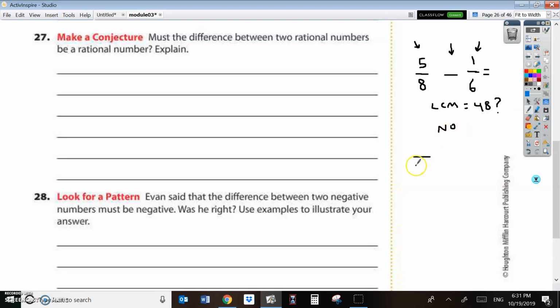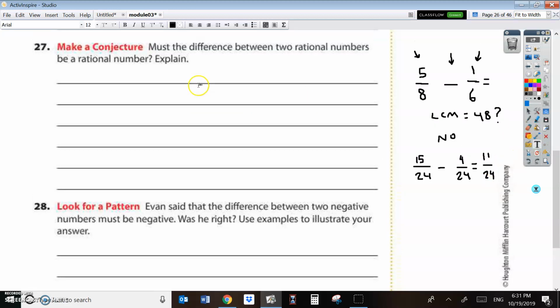So use 24. 8 times 3 is 24. 5 times 3 is 15. And then 6 times 4 is 24. 1 times 4 is 4. So that equals 11 over 24.